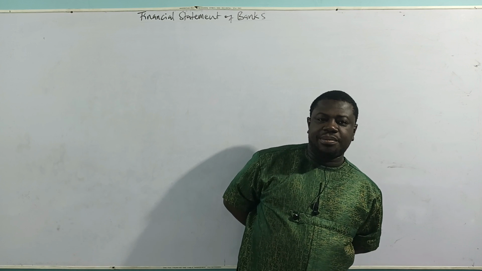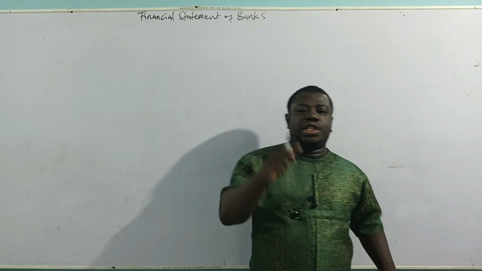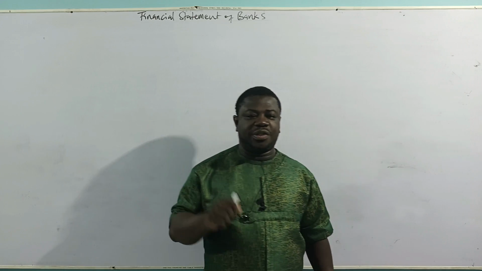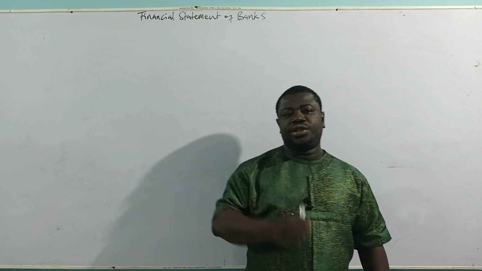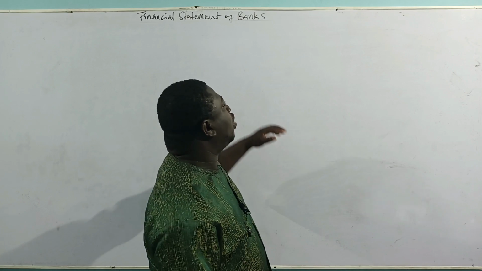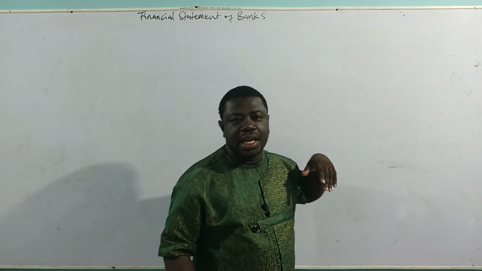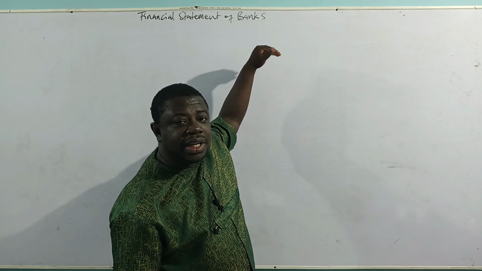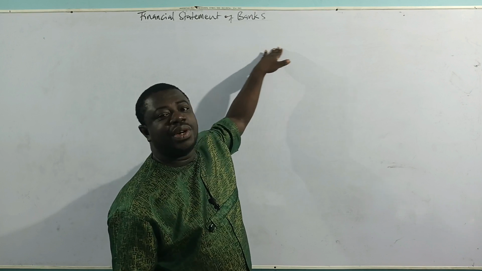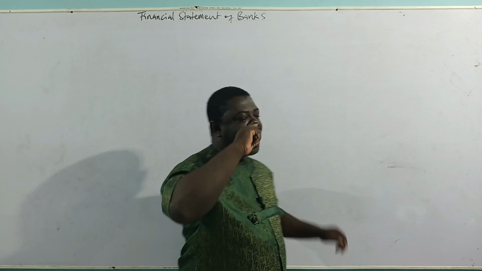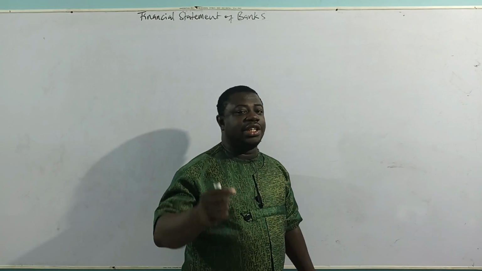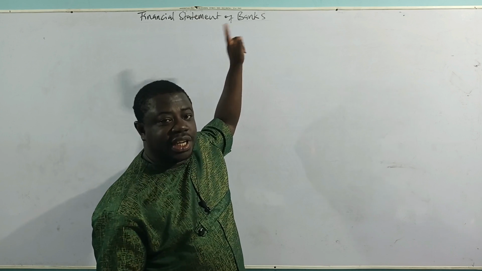Now, let me say something about this as well. When I was giving you the format for the statement of financial position, I told you that when it gets to the assets, we are going to list them in the order of liquidity, beginning with the most liquid, meaning we are starting with cash. When I mentioned cash in hand, I also mentioned that it will include cash balances with the central bank.